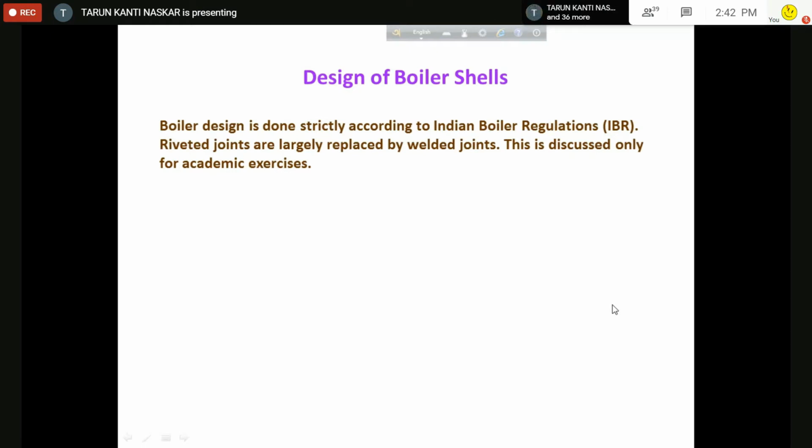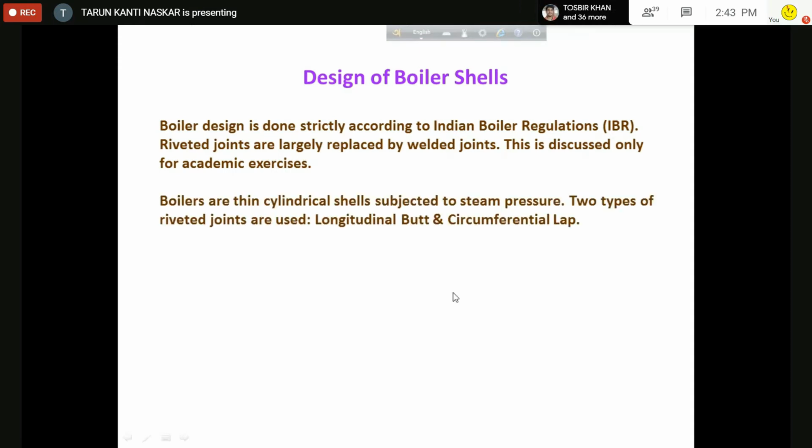Now riveted joints are largely replaced by welded joints, I have told you, and this is discussed for academic exercise only. Now boilers are thin cylindrical shells subjected to steam pressure. Two types of joints, one is longitudinal butt and another one is circumferential lap. So I have shown you the circumferential lap and there is the longitudinal butt. So two types of joints are there to make a boiler shell.